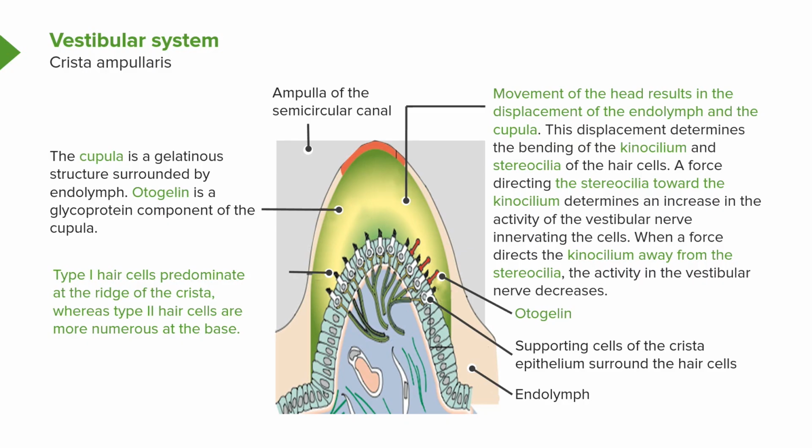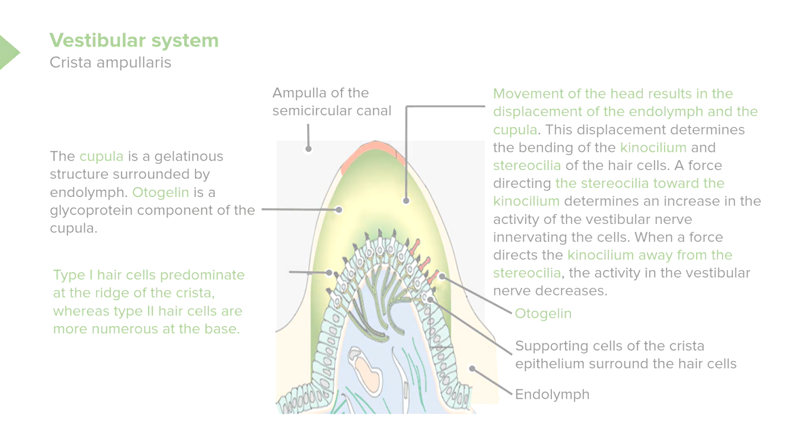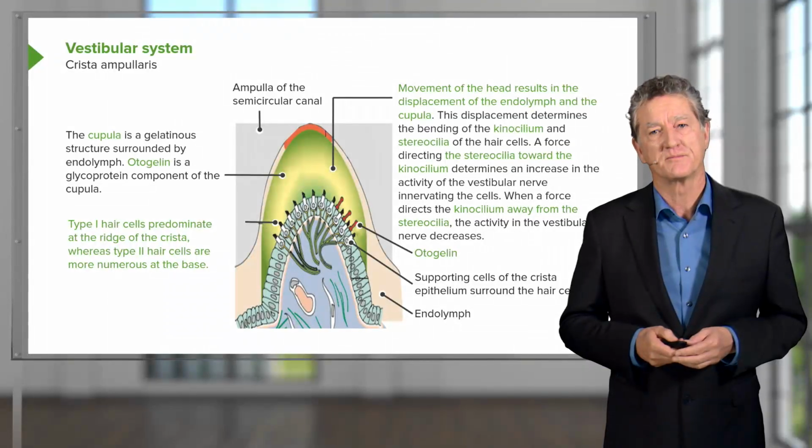Then you can see the cupula, the gelatinous structure that is supported or suspended on top of the hair cells, supported by a glycoprotein called autogelin. That sort of binds the gelatinous structure to the hair cells. And between the two there are very fine pores or fluid-filled spaces to allow the hair cells to move.